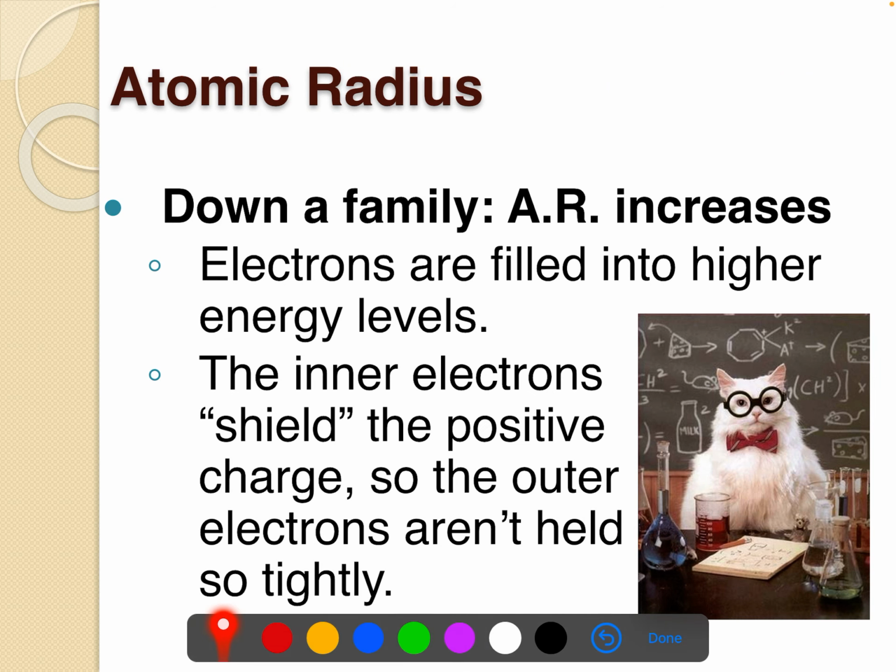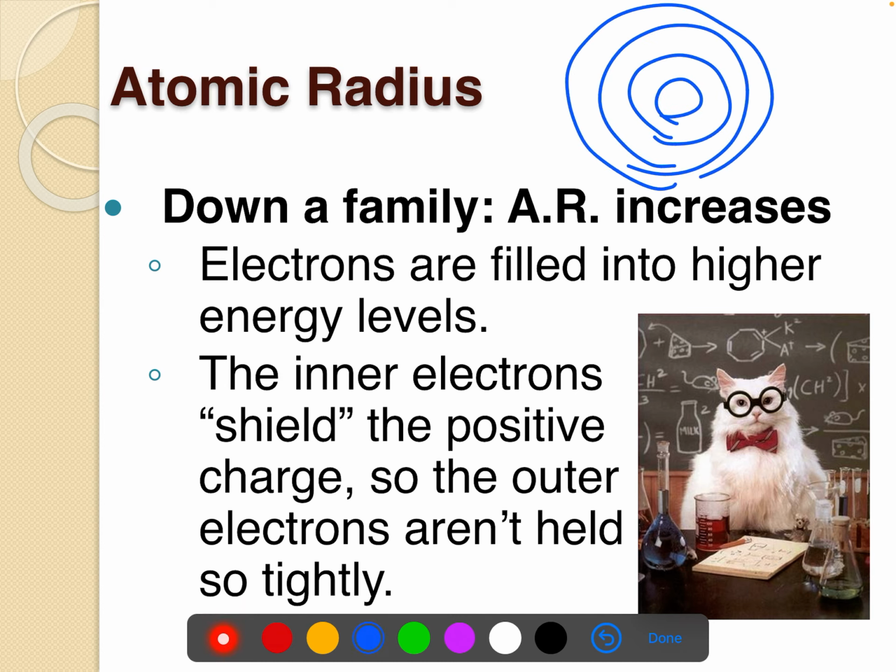Now, down a family or down a group, exactly what you would expect happens. The atomic radius increases as we go down the periodic table. Electrons are filled into higher and higher energy levels. And I think the Bohr models, even though they're not really correct, help to visualize that.